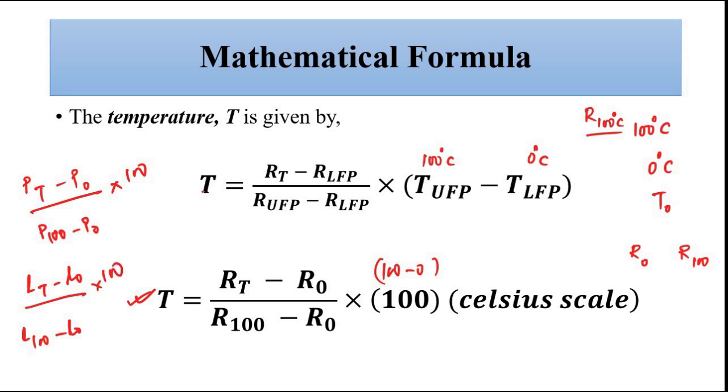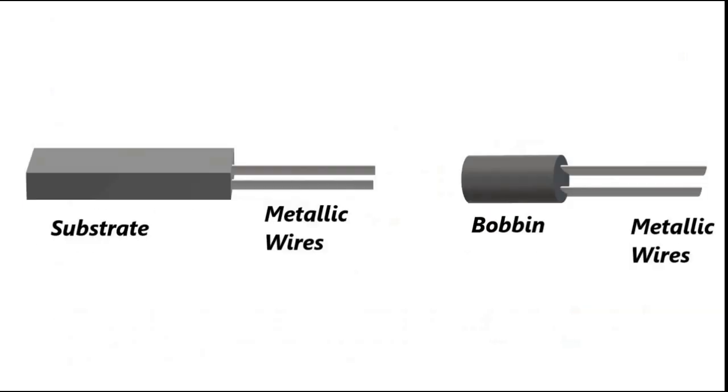Here the sensing parameter is resistance, so that's why RT minus R0 by R100 minus R0 into 100. So it all depends on what the sensing parameter is. In the case of the constant volume gas thermometer, it was the pressure of the gas. In the case of the liquid in glass thermometer, it was the level of the sensing liquid. In this case, it is the resistance of the metal. Okay, so this is the basic operating principle of the electrical resistance thermometer.